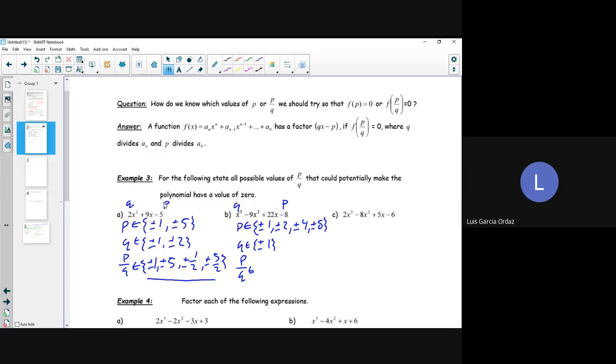So if we do p over q, what is it? Not one, but it gives us back all the elements in p, right? It throws us back the set of p, which is positive or negative 1, positive or negative 2, positive or negative 4, and positive or negative 8.